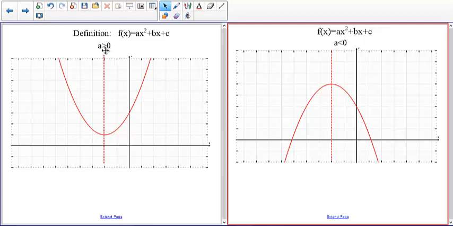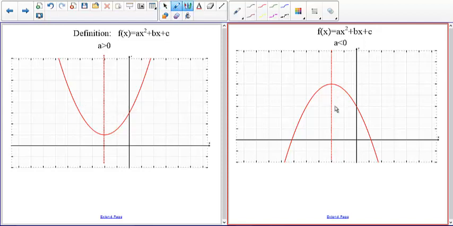So this is the case here. If a is greater than 0, then it points upward. And if a is less than 0, a negative number in front of the x squared, then it should be pointing down. So here we have a minimum, the vertex is here. Here we have a maximum, the vertex is there. In both cases, we have this line which we call the axis of symmetry, such that if you go equal distances on either side of the x value for the axis of symmetry, the y values are the same.